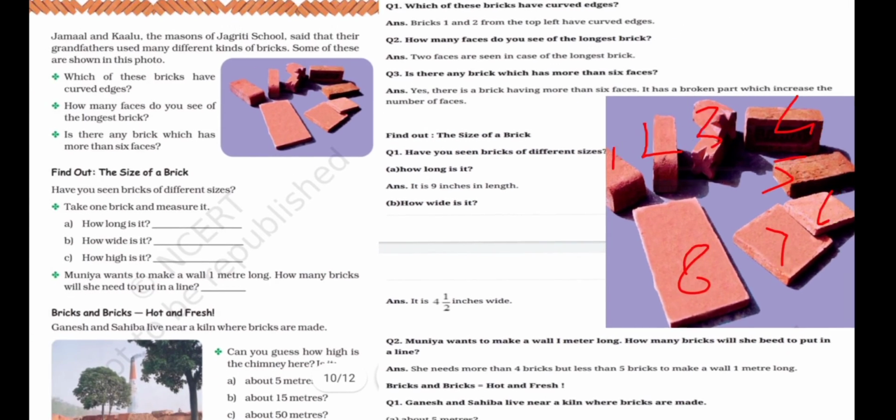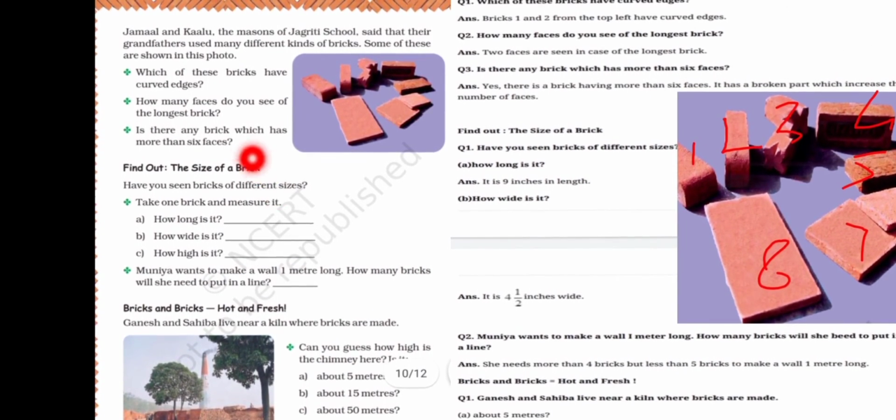Okay. Now, how many faces do you see of the longest brick? This one is the longest brick. Two faces are seen in the case of the longest brick, 1 and 2. We can see two faces of this brick.